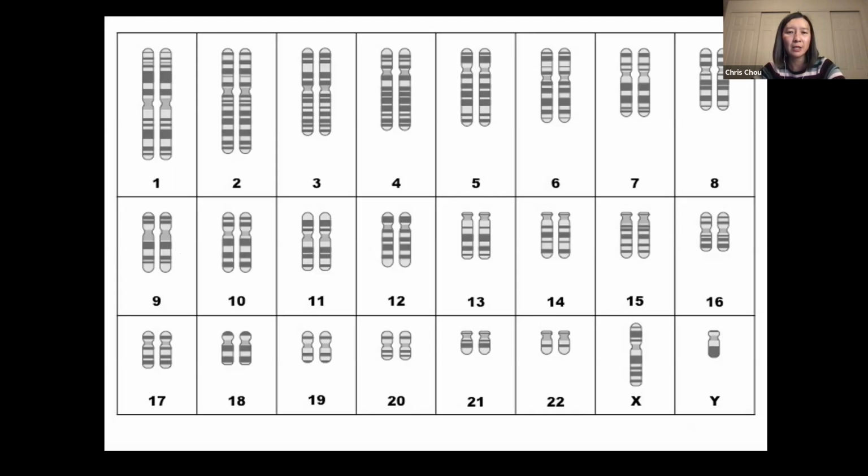And then of course, the sex chromosomes at the end, you have 2 copies of X, or 1 X and 1 Y, or in unusual genetic conditions, you can have students look at karyotypes and try to figure out what would be the biological sex of this individual based on their karyotype.